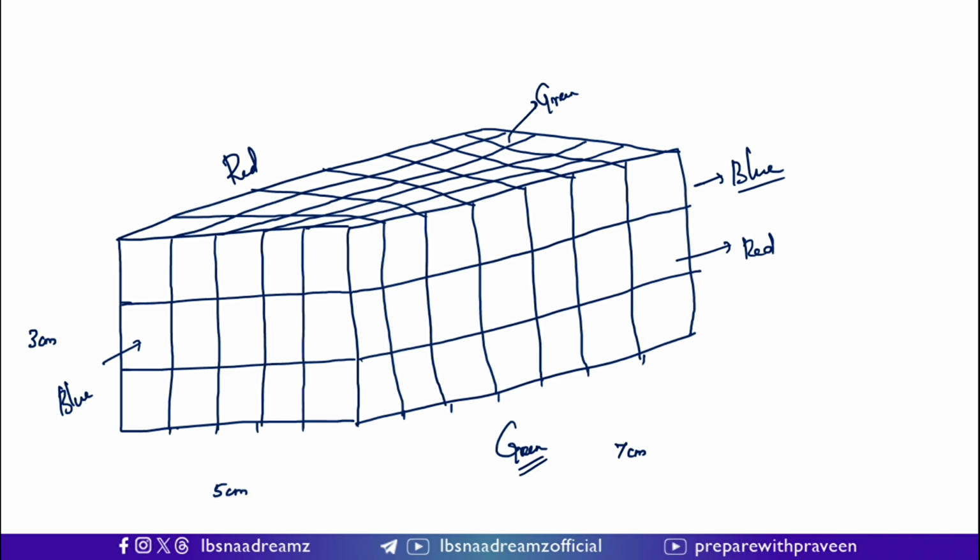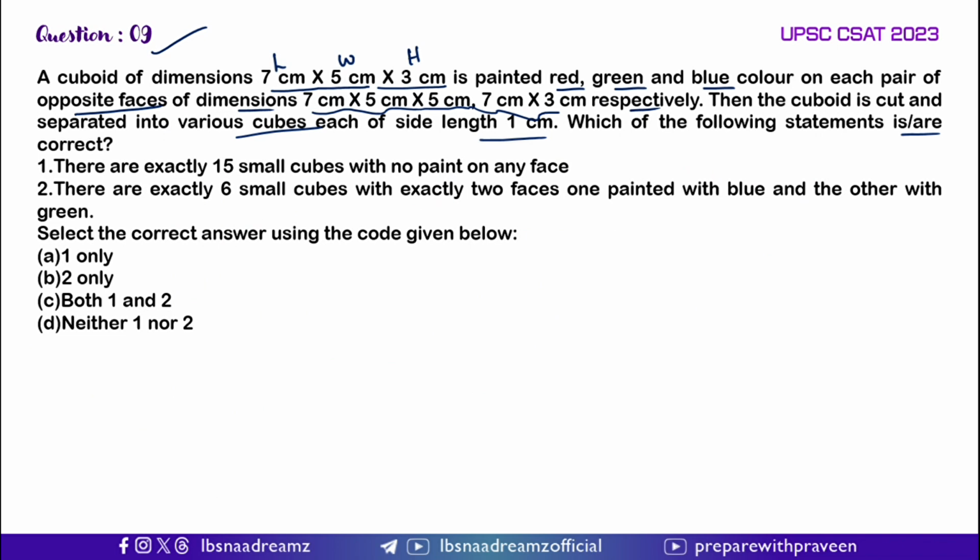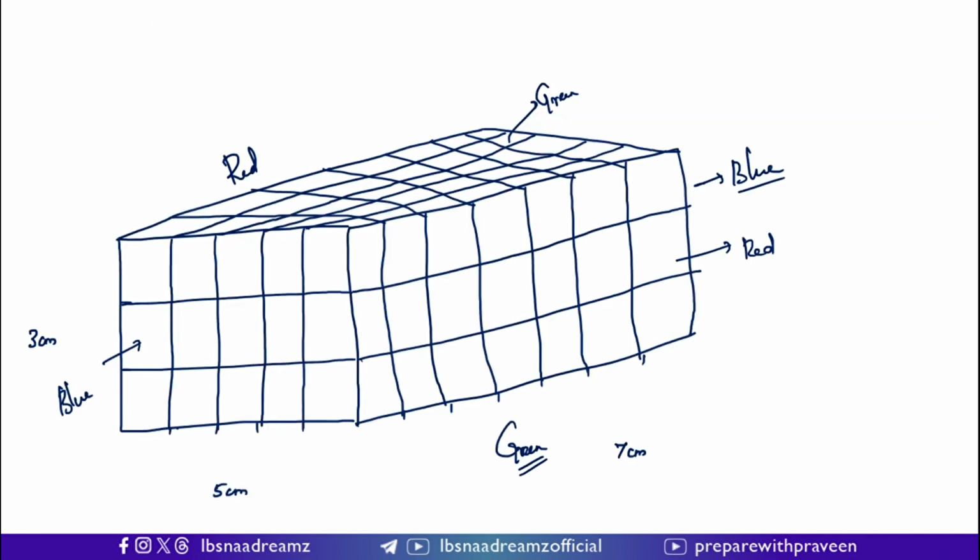Now if you see the question, there are exactly 15 small cubes with no paint on any face. So we have covered all the sides with the paints. So if you want some cubes with no paint, we have to remove the first set. So we have cut it like this, right?